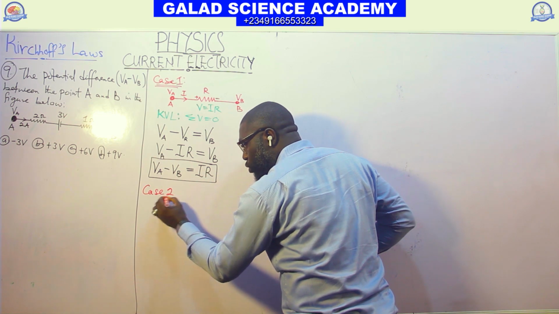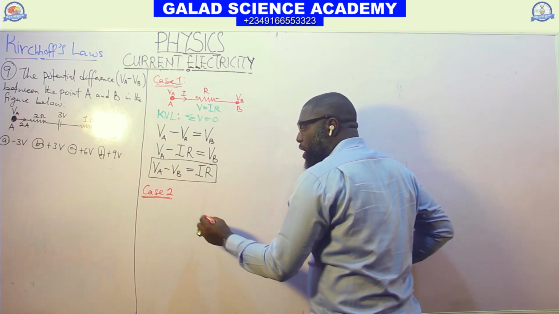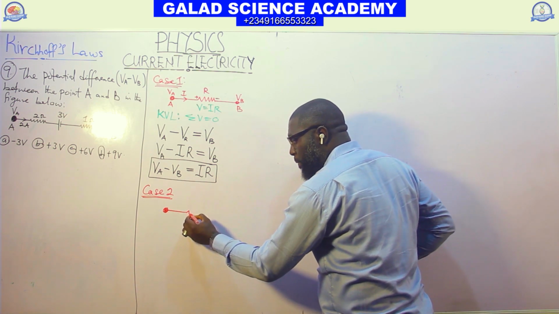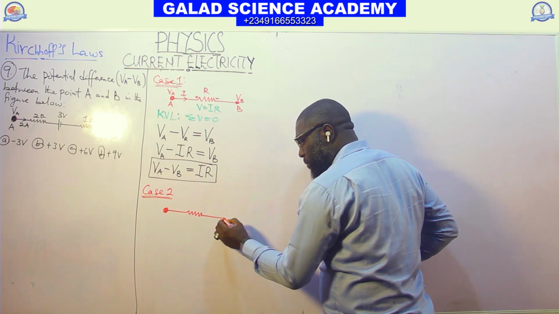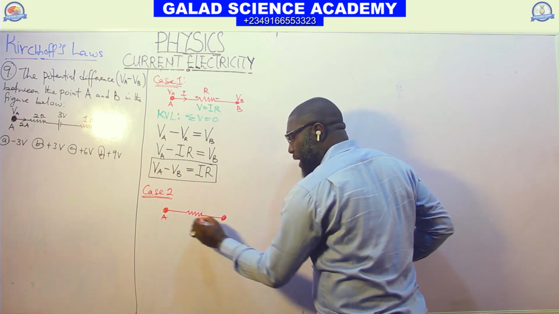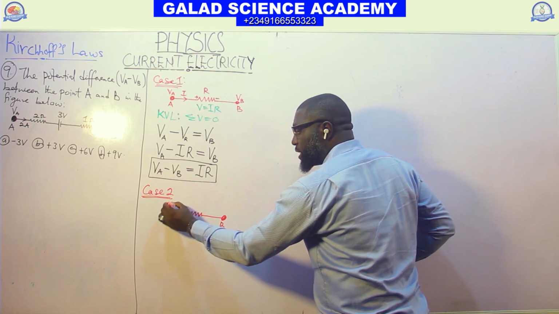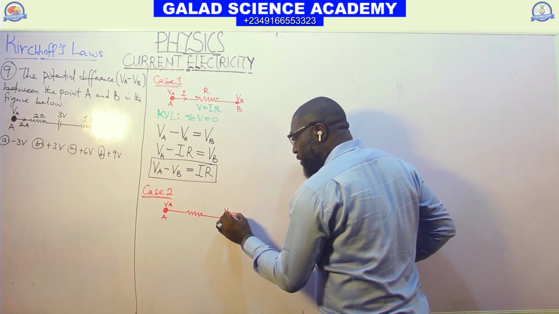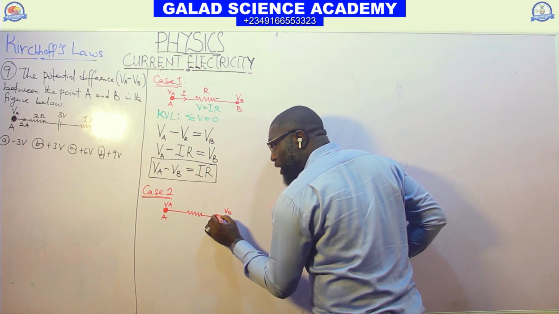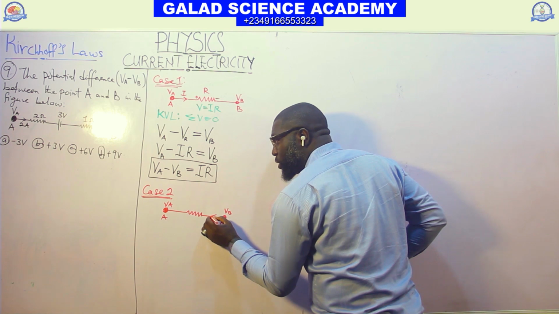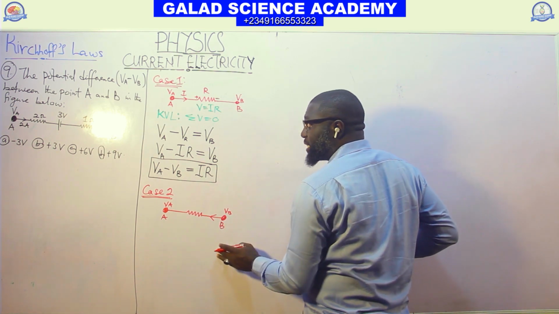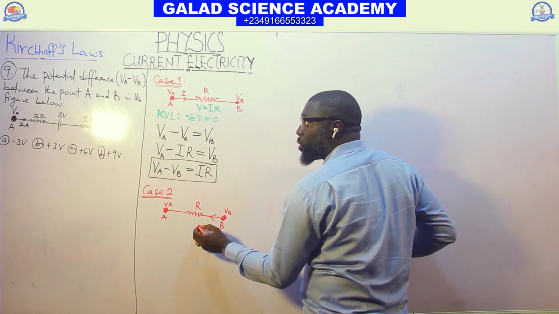But the second case, case 2. If we have a circuit in this form, and this place is A, this place is B, this is VA, this is VB. And assuming the current is facing this side, this is my resistor.